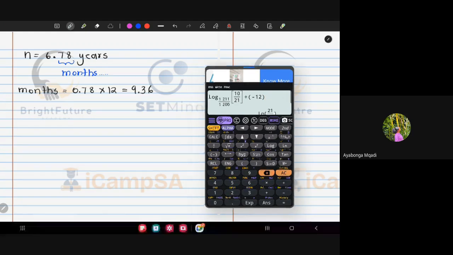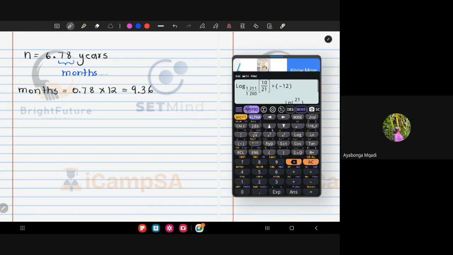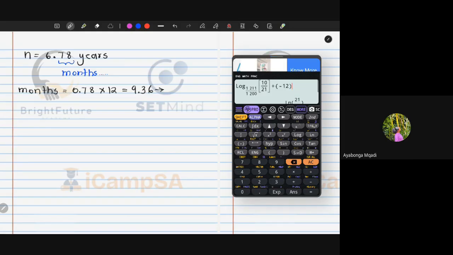So in the interest of time, you'll see that these people will need to pay for 6 years, 9 months, 0.36. So this means this will fall even on the 10th month. You guys see, because 9 point something means we've passed the 9th month. We are going to the 10th. It might not be the full month, but we can just call this 10 months.